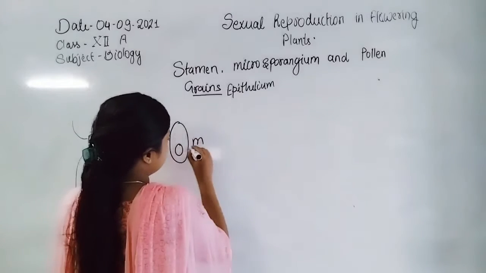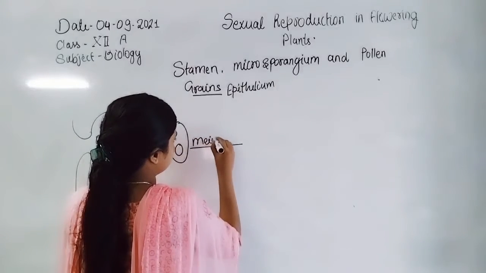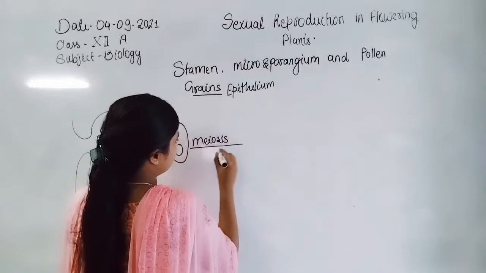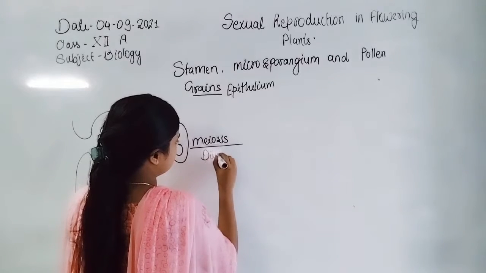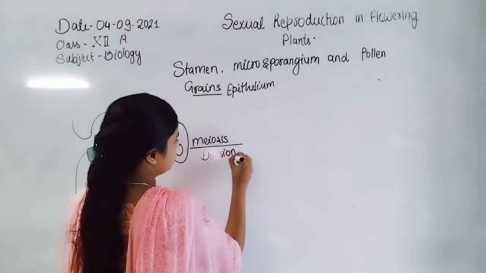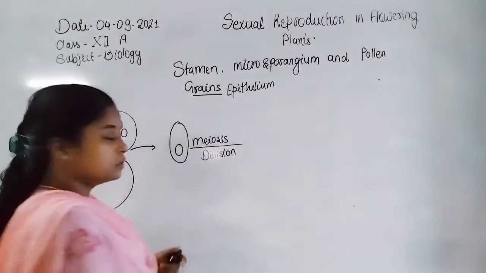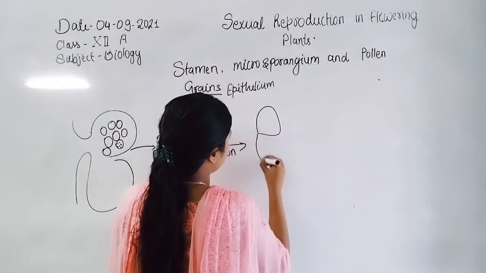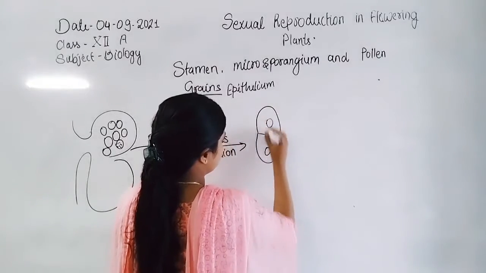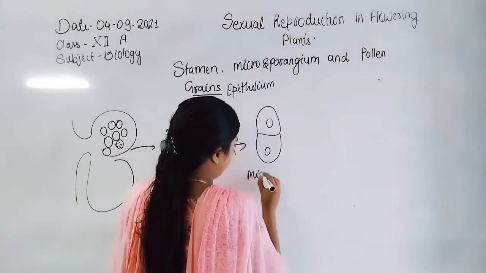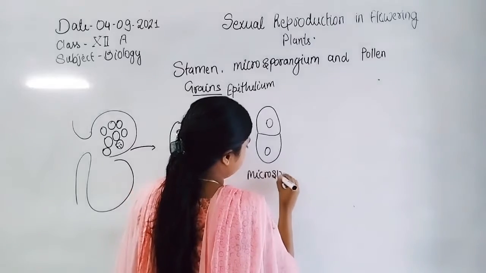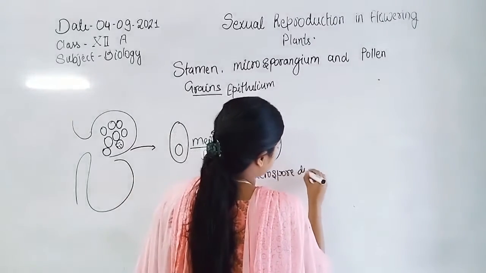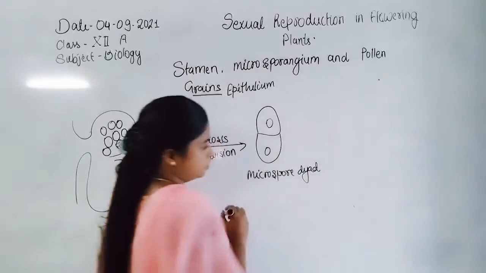Meiosis division forms the microspore diad structure.